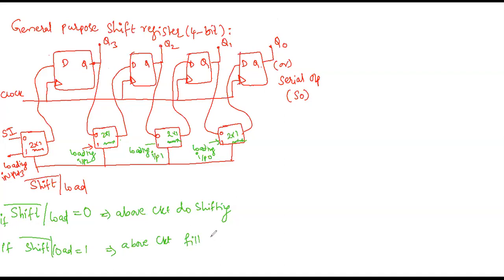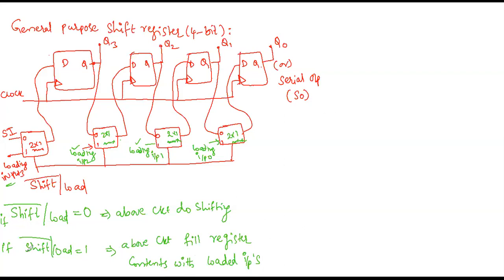In the above circuit, the register contains the loaded inputs. We are having loaded inputs 3, 2, 1, 0.